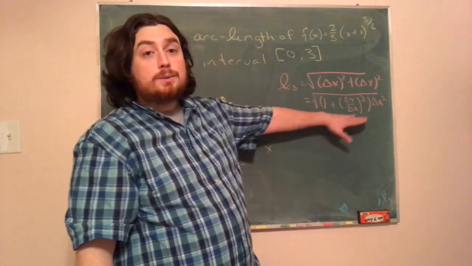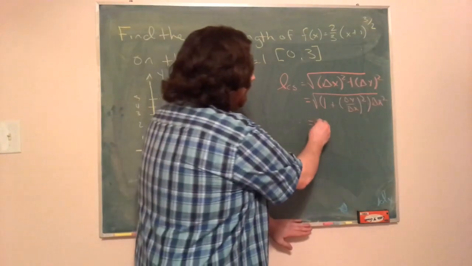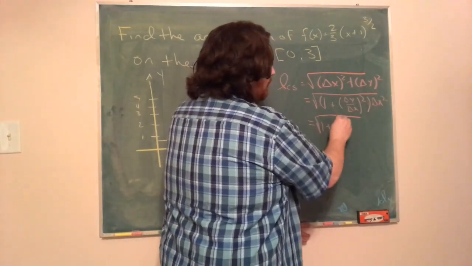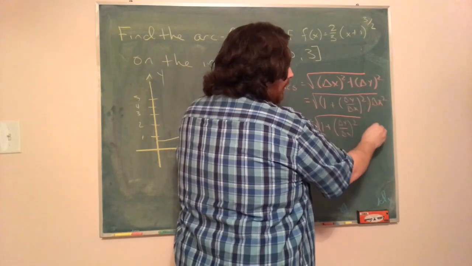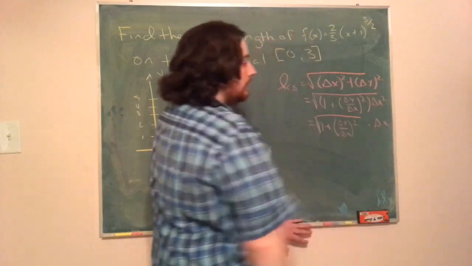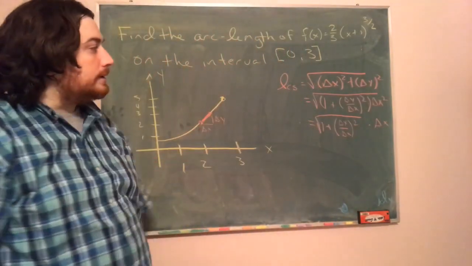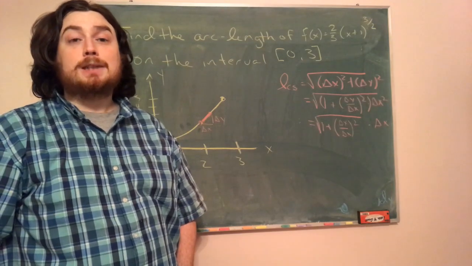Because I have a square root of a product, I can take the product of the square roots. So I end up with the square root of 1 plus (delta y over delta x) squared, times the square root of delta x squared, which is just delta x. Therefore, the length of my cross section is the square root of 1 plus (delta y over delta x) squared, times delta x.